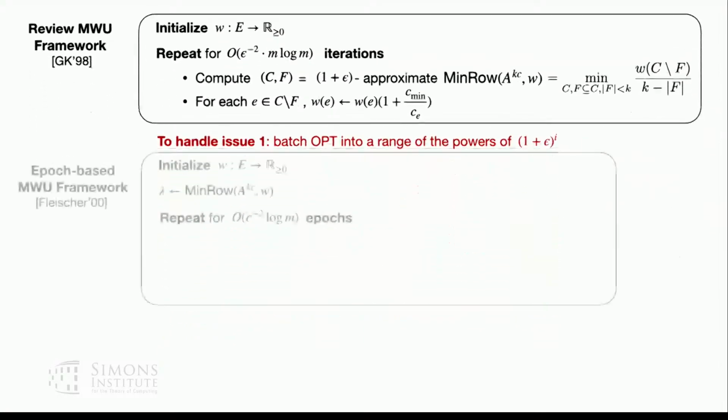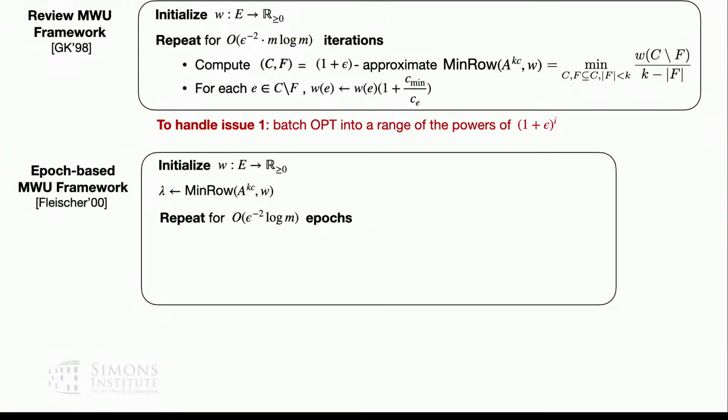How to do the batching? This is exactly the epoch-based framework of the multiplicative update. The first note that I can trace this to is by Fleischer, who did this kind of batching for multi-commodity flow, but it turns out to be a very general batching. So the framework is the following: you initialize the weight in the same way.